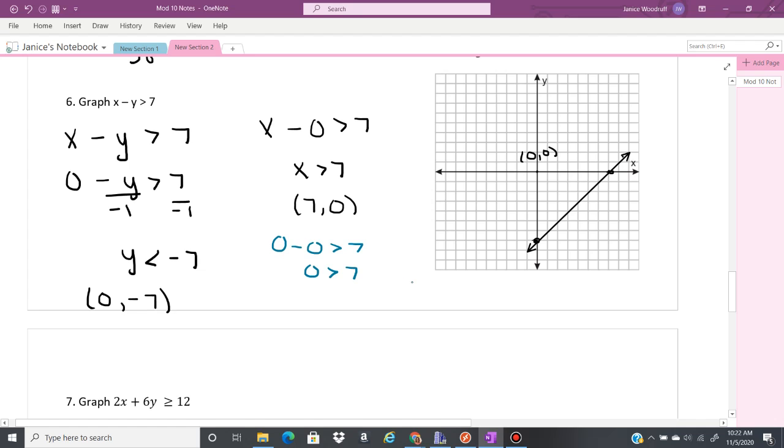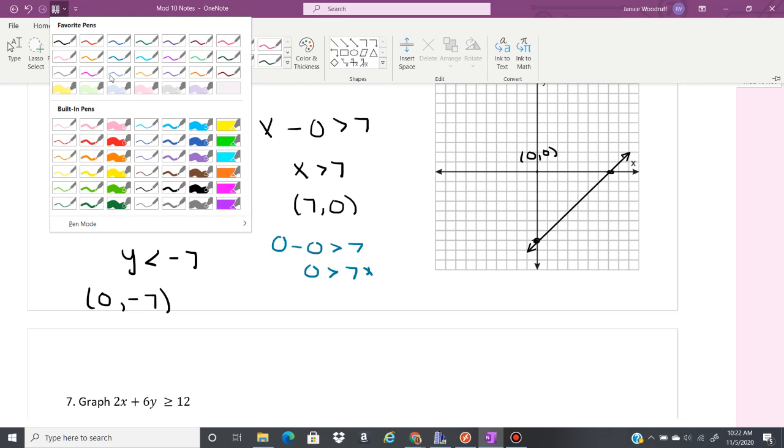So you get 0 is greater than 7, which is not true, which means this side of the graph makes the equation false, which means that the opposite side makes it true. So you are going to shade the graph in that region.